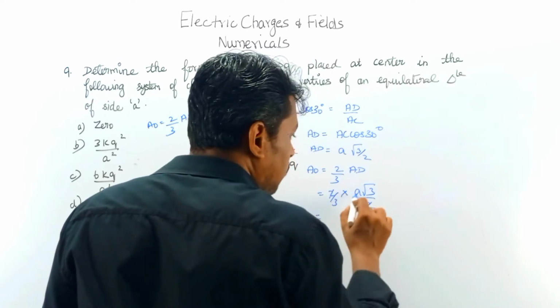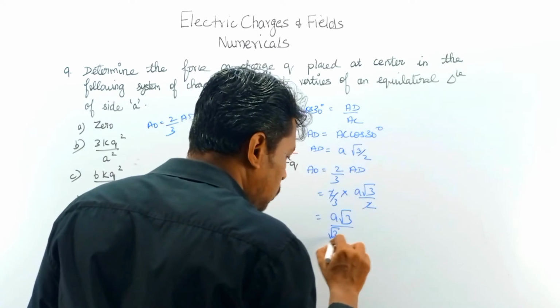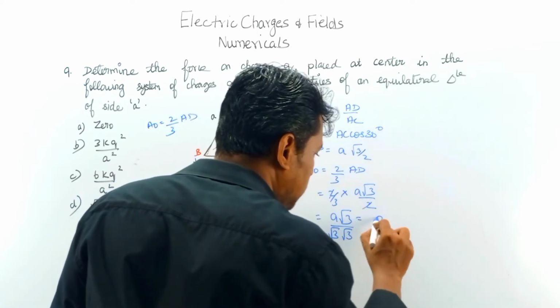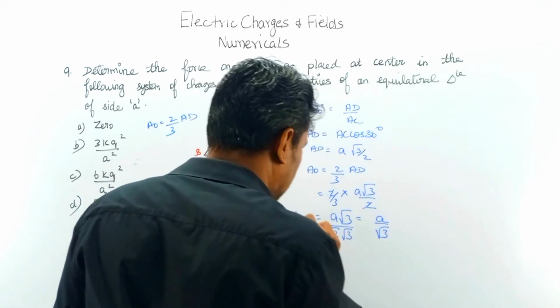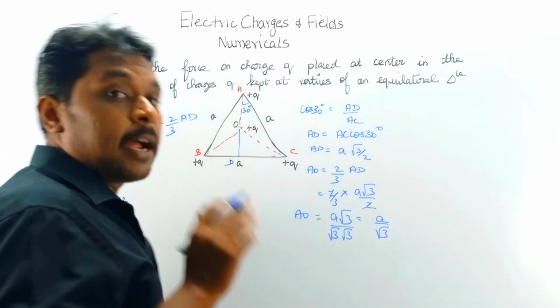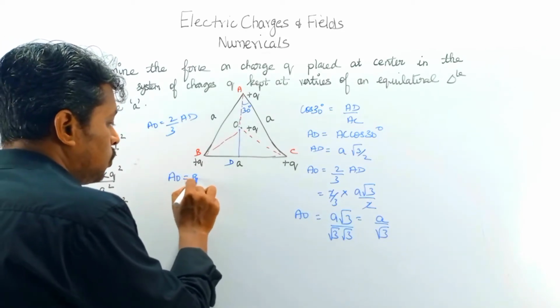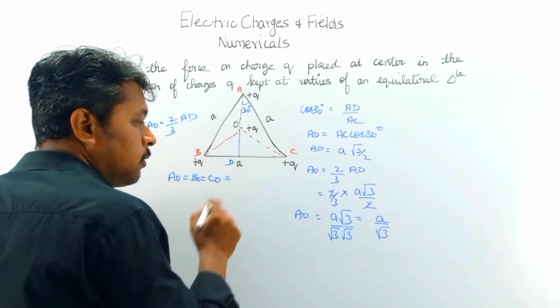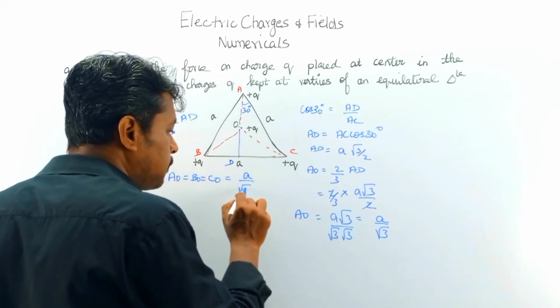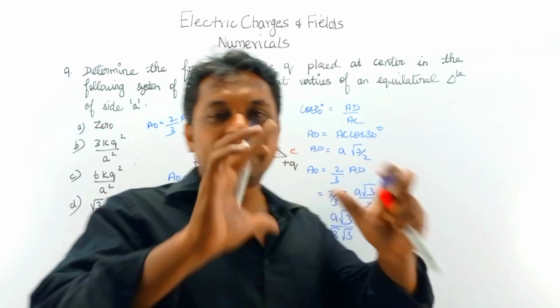The 2 gets cancelled, leaving A root 3 by 3. Instead of 3 we can write root 3 times root 3, and so it becomes A by root 3. So we got the value of AO as A by root 3. By symmetry, AO is equal to BO, which is equal to CO, which is also A by root 3. So we have found the distances.